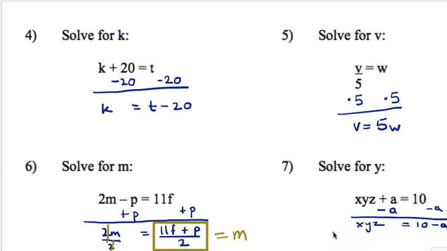What we're going to do is look at that xyz and say, well, that's y times xz. Put parentheses around the xz, and that's going to work for us. So we're going to divide both sides by xz, and boom, y equals this nonsense up here.